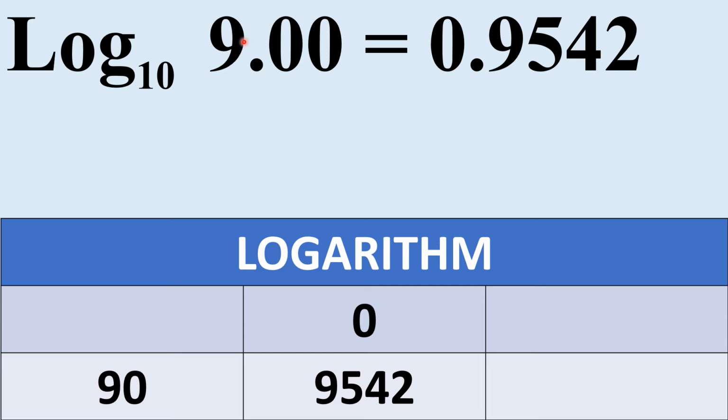Since one digit is there, subtract 1 from it, that is 1 minus 1 is equal to 0. To find out the mantissa, in front of 90 under the column 0 in the logbook. So here you can see below, in front of 90 under the column 0, 9542 is there. That you have to write on the right hand side of the decimal. Thus value of log 9 is 0.9542.